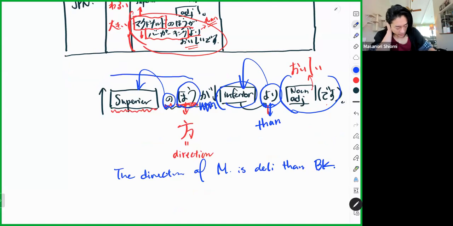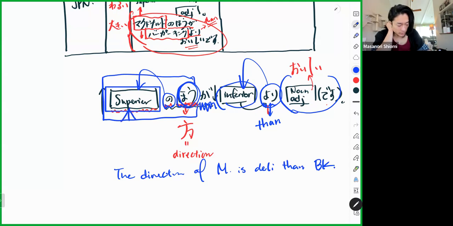So this one, yeah, it does mean just direction, right? But it is really a convenient word, hou, because we don't necessarily have to always have a noun to compare.